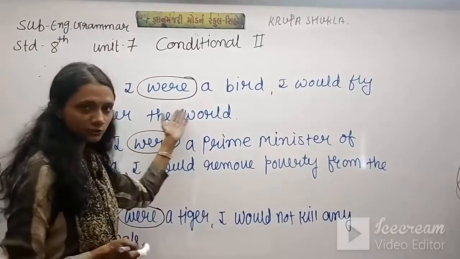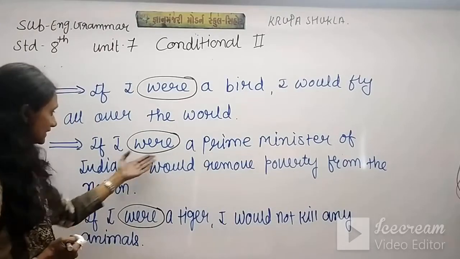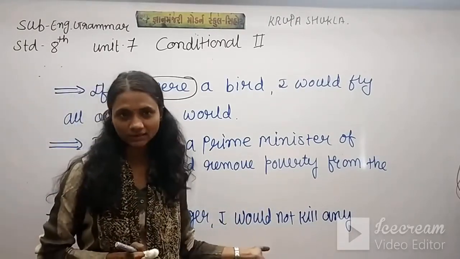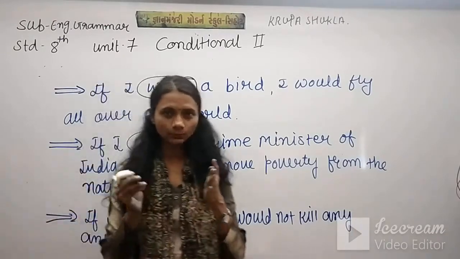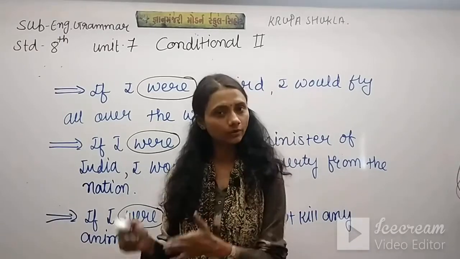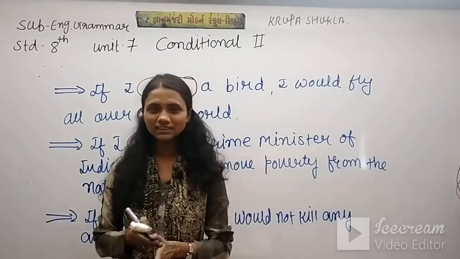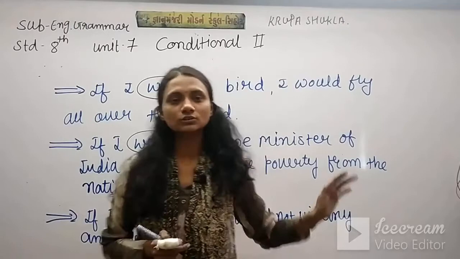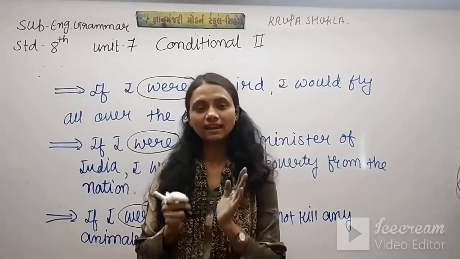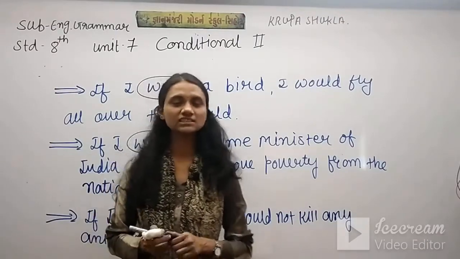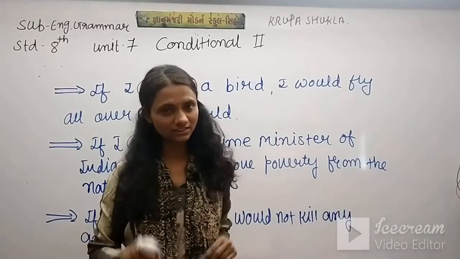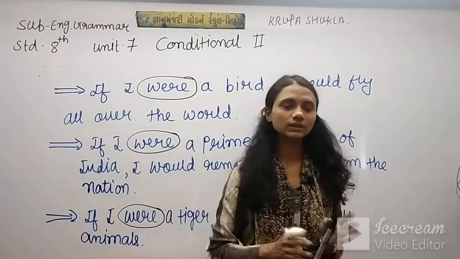No one is going to be a bird here. No one is going to be a prime minister here. No one is going to be a tiger here. Means, can you imagine any person can be a tiger? Can any person be a bird? Can you be a prime minister at this age? No. So these are totally imaginary sentences, and in imaginary sentences we use were to show present things even. We use were with I.